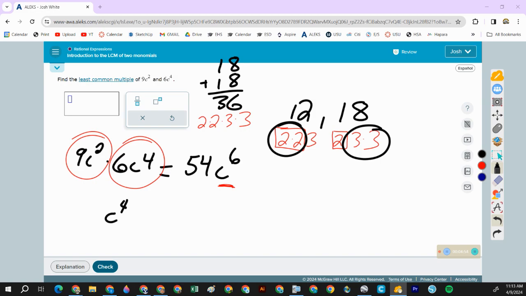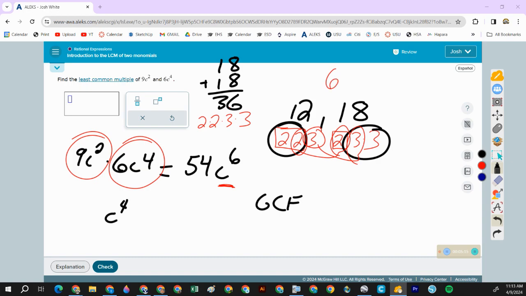Okay, that is the exact opposite of greatest common factor. When we did greatest common factor, we circled what they had in common. So this one has a 2 in common, and this one has a 3 in common. So the greatest common factor is a 6.